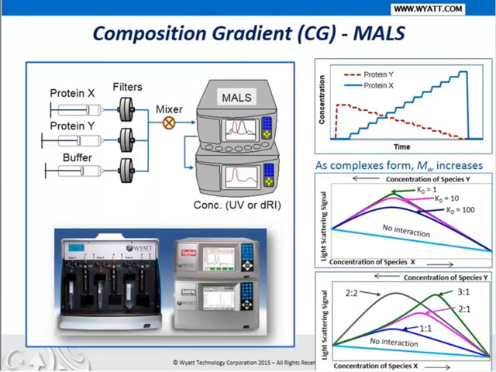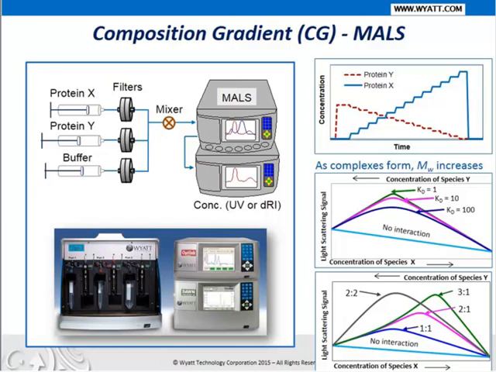Composition gradient multi-angle light scattering was first described by Drs. Attri and Minton in two of their Analytical Biochemistry articles in 2005. It was later commercialized by Wyatt Technology, and the product is called Calypso. In a Calypso experiment, the protein solution or the buffer is filled into one of the three syringe pumps.